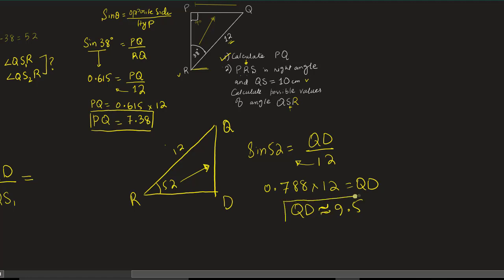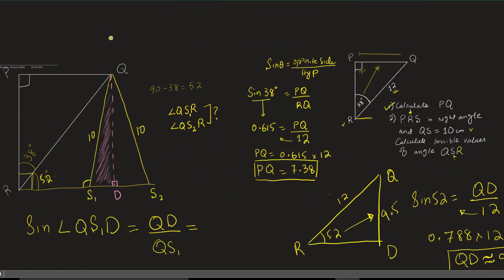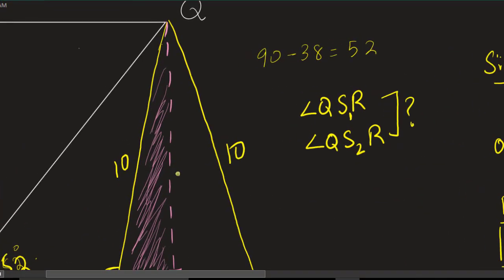Because the value is so big, like 9.43 or something, so we're just making our life easier. So QD is equivalent to 9.5. Okay, so now we have another point, 9.5, for the length of QD.